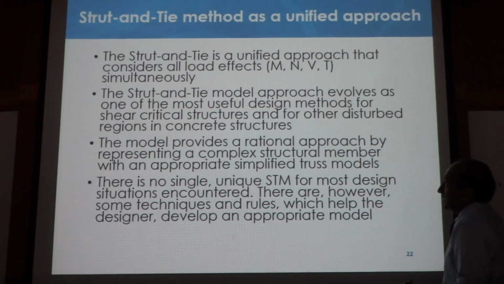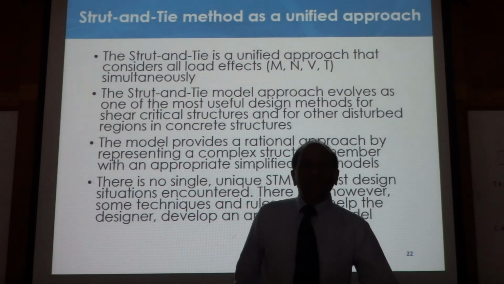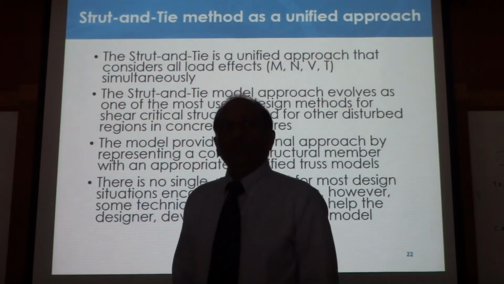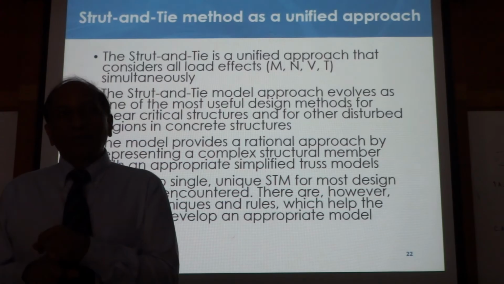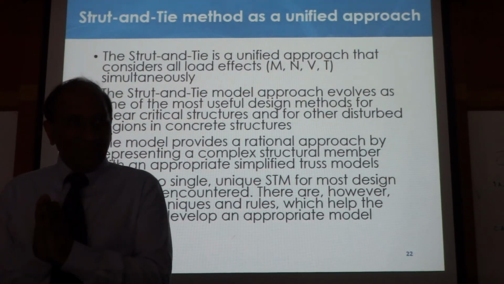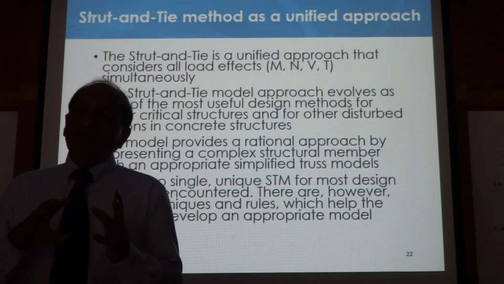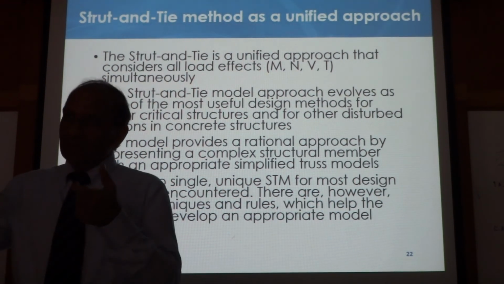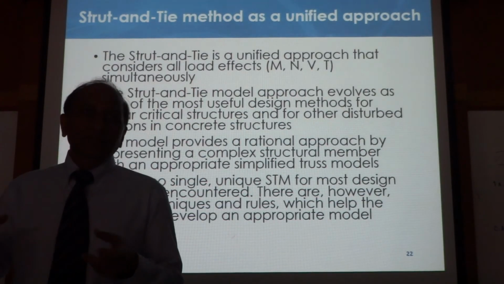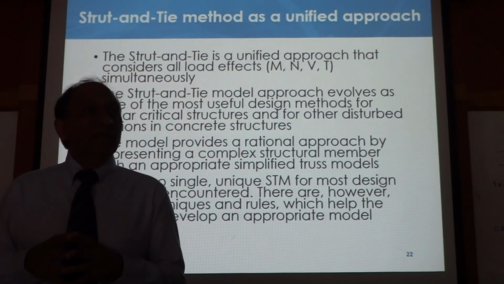So this strut and tie method is actually a unified approach. Last time we talked about unifying concrete columns and beams, and now we unify everything, all 6 actions: bending, shear, torsion, all kinds of things, into one approach.